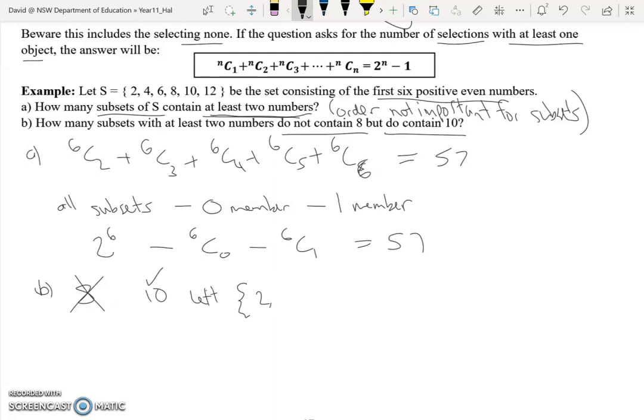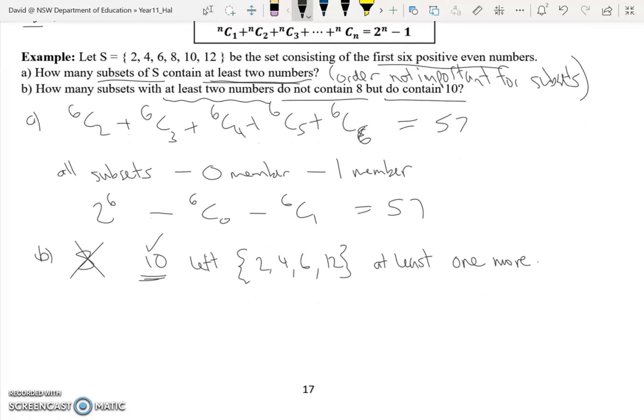What's left would be 2, 4, 6 and 12, since 8 and 10 have been used up. I've got 4 left. I've already picked 1. So when it says we need at least 2 numbers, I've already picked 1. We need to pick at least 1 more.